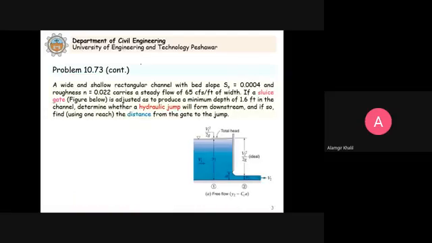So now for mild slope, we have M profiles that will form. The next criterion we need to determine is whether we have an M1 profile, an M2 profile, or an M3 profile. These M profiles occur on a mild slope. Which one is possible?